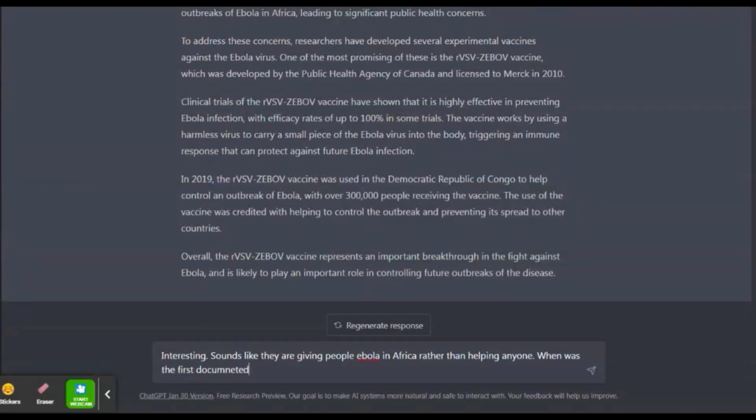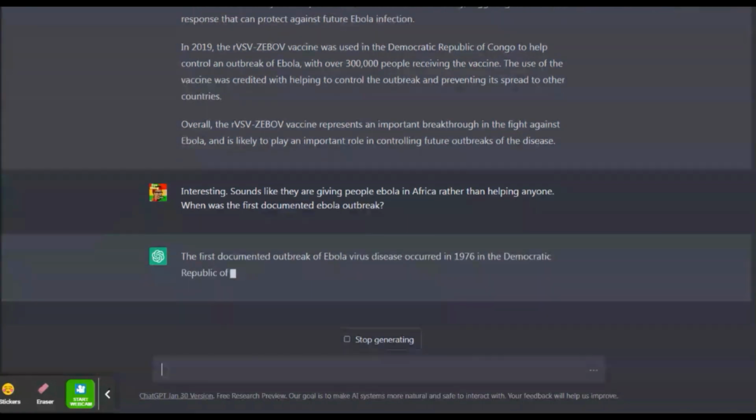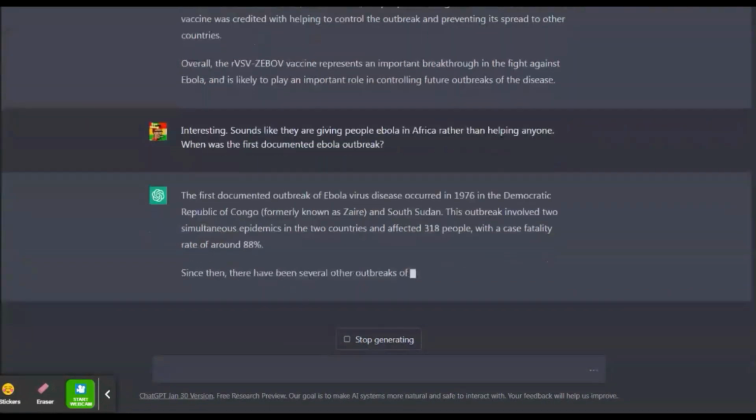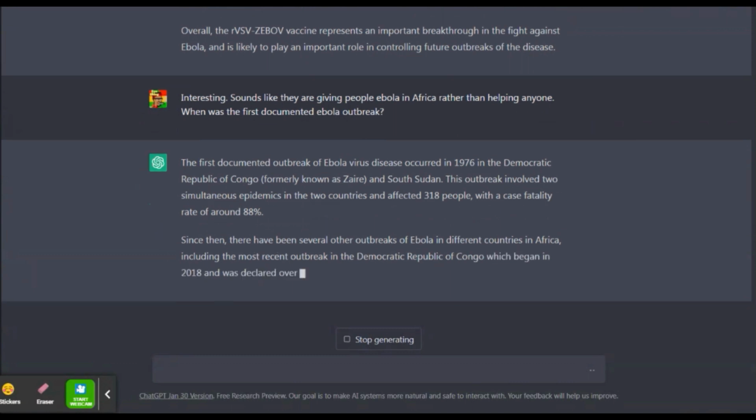The first documented outbreak of Ebola, the virus disease, is in 1976. I know that as a fact. I did not know that Anthony Fauci was the one who created the vaccine for it in 1974. But now hold on, when we go to talk to Chatty about this, look at what happens. This is what's intriguing to me.